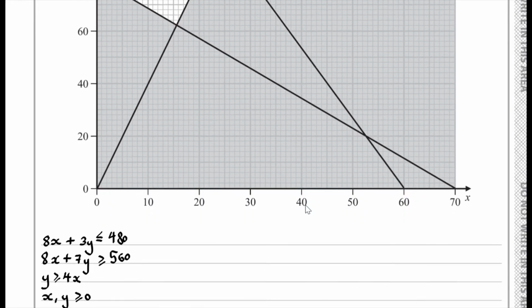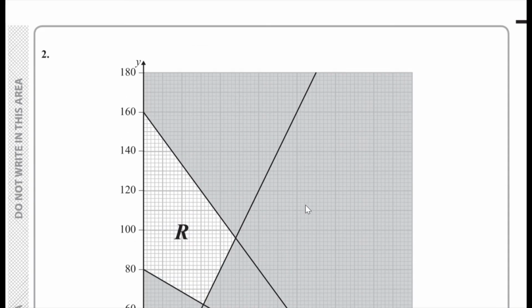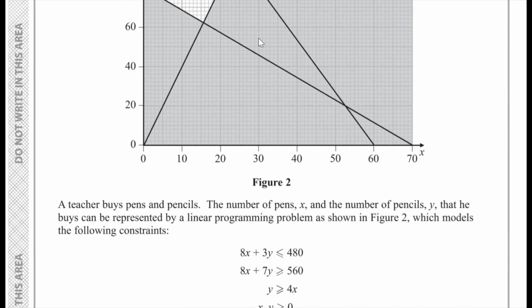Question number 2. We have this figure 2 over here, and a teacher buys pens and pencils, and the number of pens x and the number of pencils y that he buys can be represented by a linear programming problem as shown in figure 2, which models the following constraints.